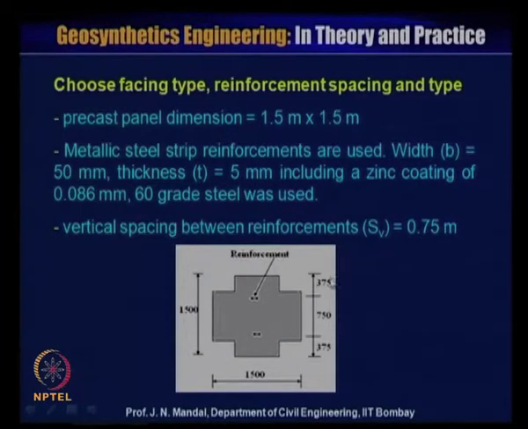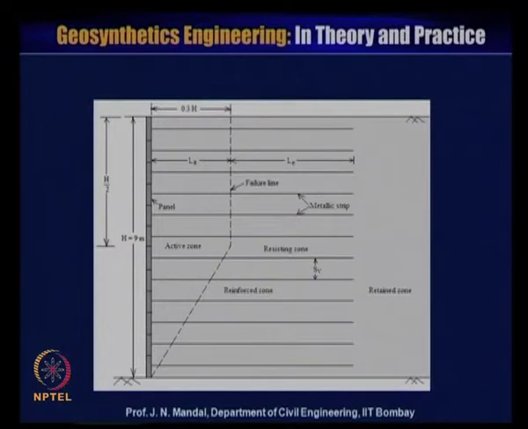Then you can see half of this panel is 0.375, another 0.375, that means spacing will be equal to 750. Like that you can construct this reinforced soil retaining wall. So, these are the data given for the design of this kind of wall.